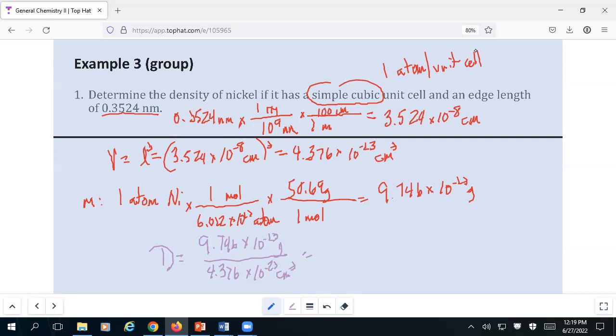To 4 significant figures, 2.227 grams per cubic centimeter.